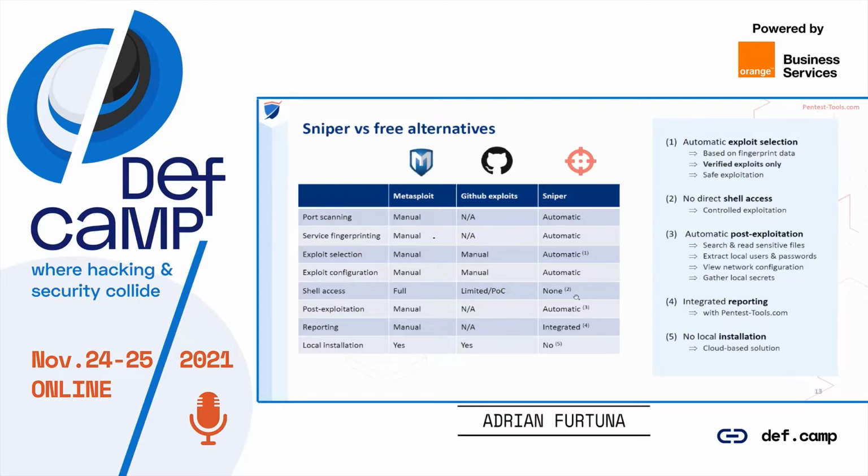While we chose at Sniper to not give shell access at all to the customer, since we want with Sniper to do controlled exploitation, and we don't want through the platform to give a remote code execution access to the targets for any end user.